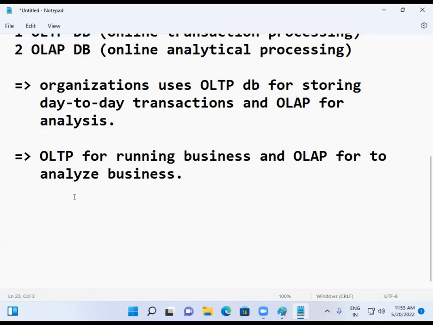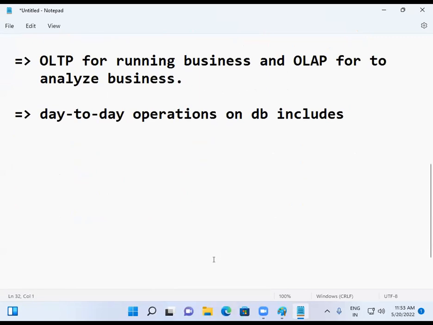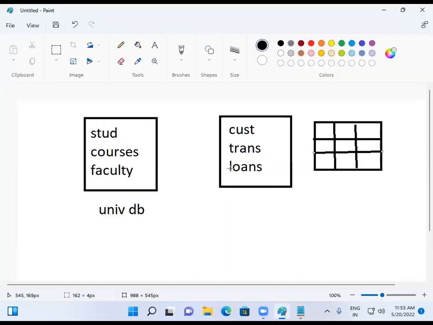Now, what are the day-to-day operations on a database? Any database you take, whether it is a bank or a university, mainly has 4 operations. Yesterday I also gave them.